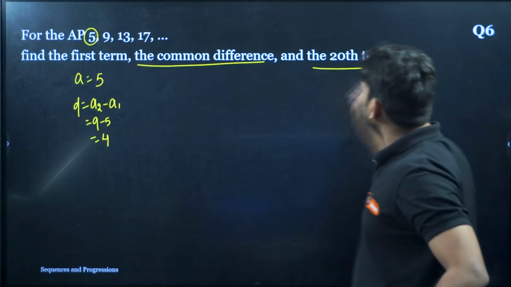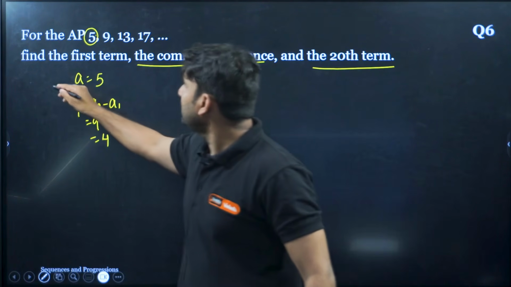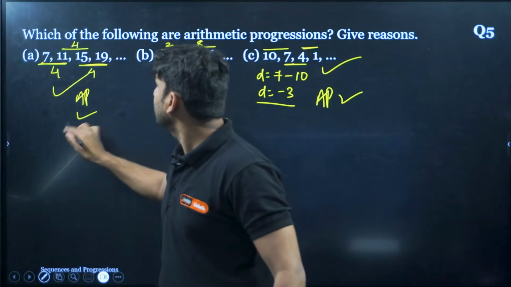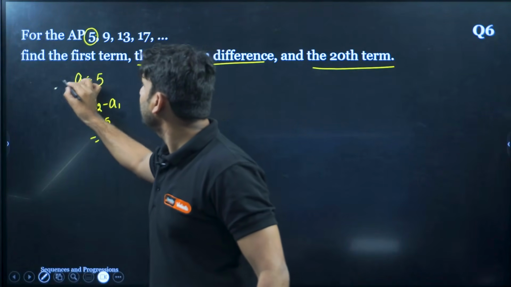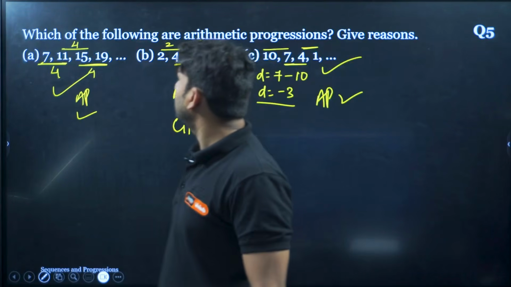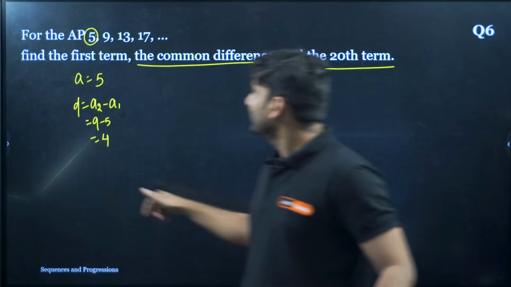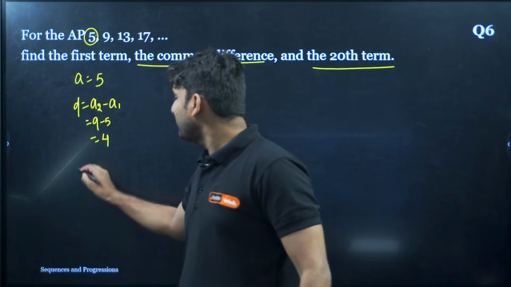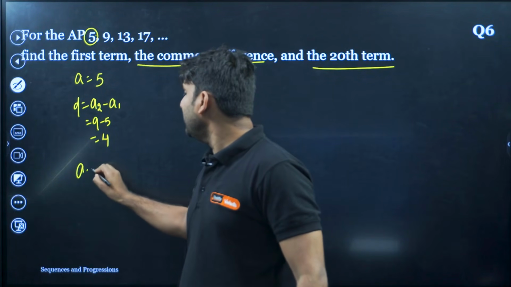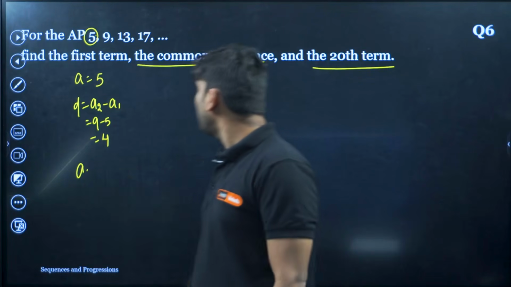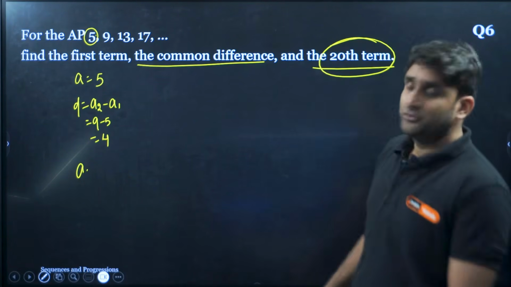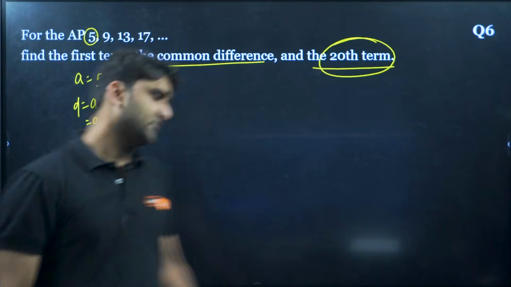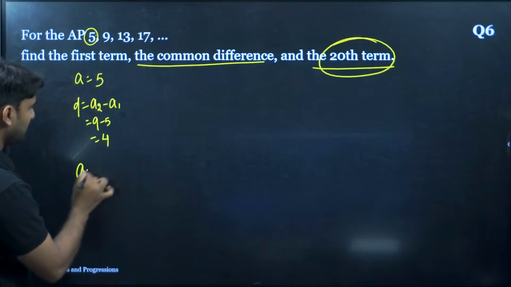Okay, and the 20th term. So my dear, first part is done, second part is done. Just a second, guys. Some technical problem. Yeah, 20th term. So my dear champions, this is 20th term. So for 20th term, what will be the formula?